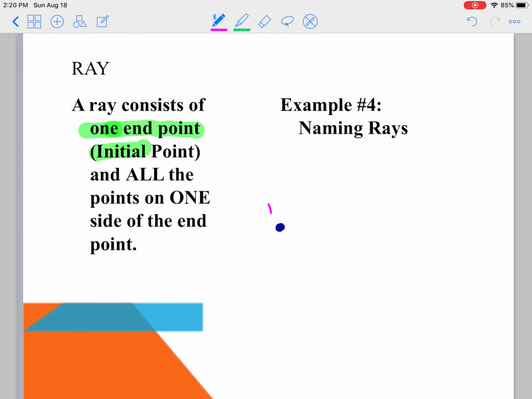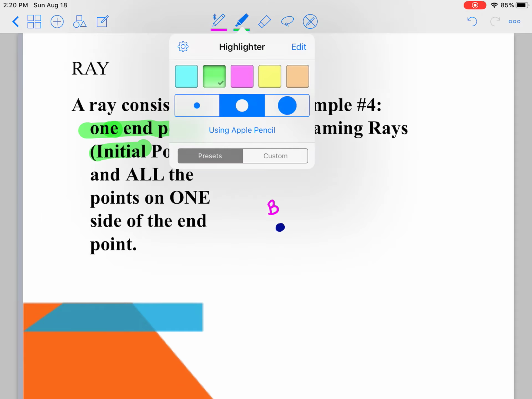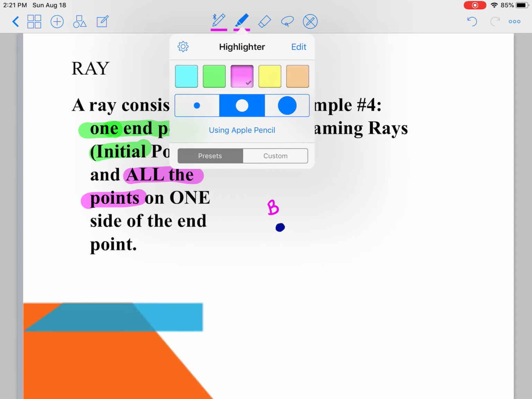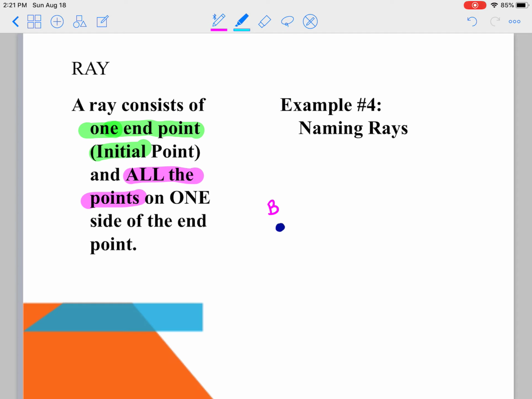I'll call it B. So we have point B is my initial point. And it consists of all the points on one side of the endpoint. This is where we now make a distinction.